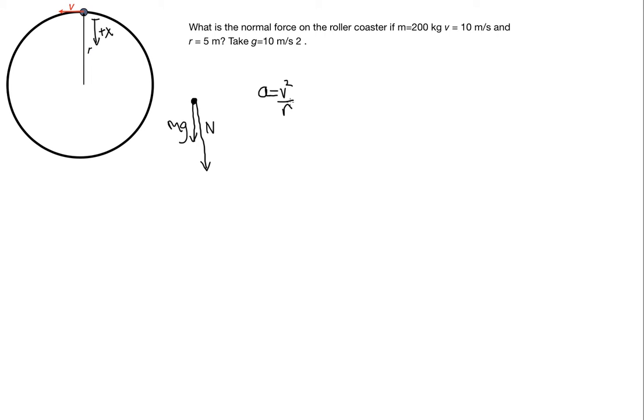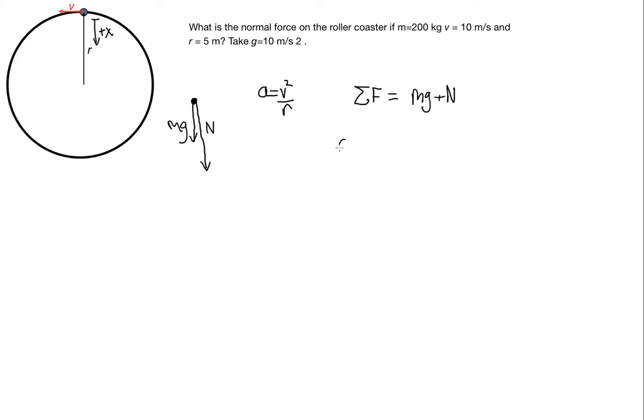V and r are given in the problem. And I know that the sum of the forces in that direction is going to be the two forces here. They're both pointed in that direction. mg plus N has to be equal, provided the acceleration, and that sum of the forces has to be providing this acceleration.